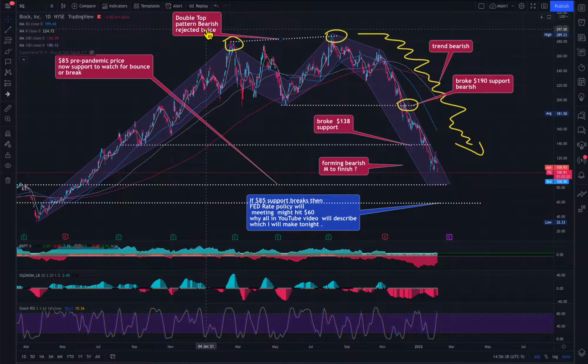Whenever a stock tries to climb up and test resistance the second time, and then it fails like right here, that's a double top most of the time. So you've got to be very careful, particularly when they break the 100-day moving average, which is the purple line. When the 200-day moving average breaks, those are very bad signs.